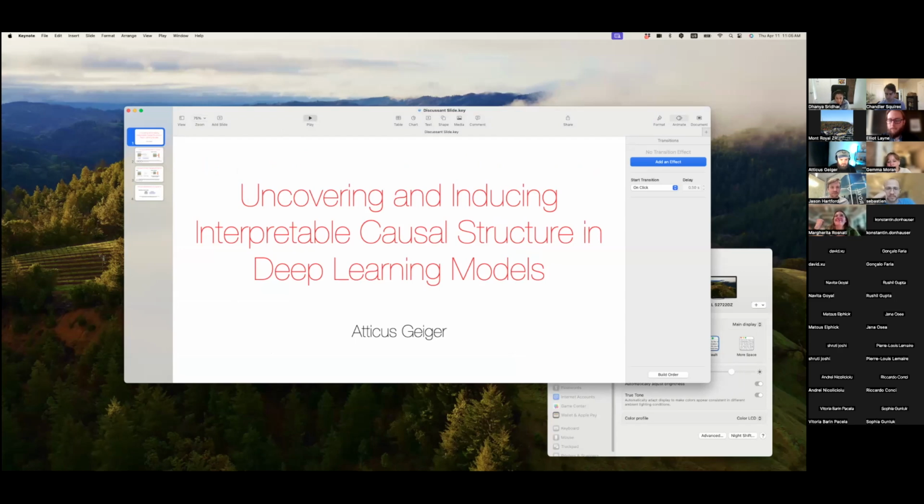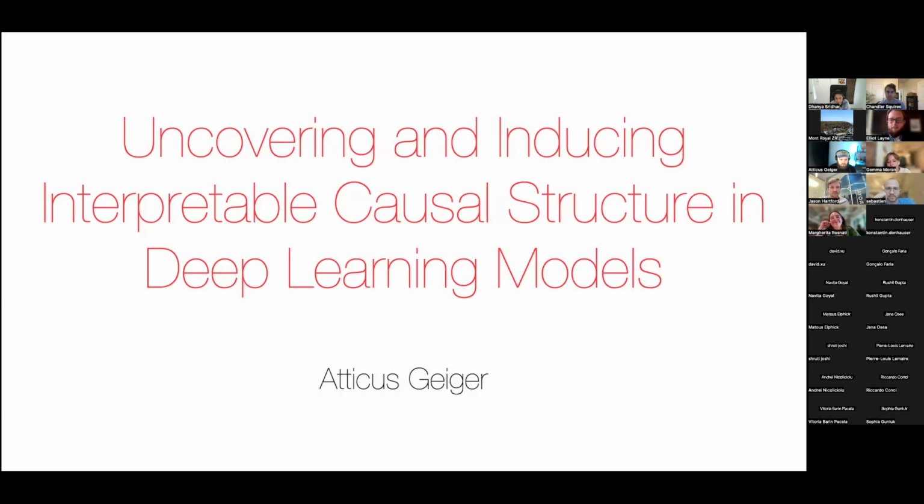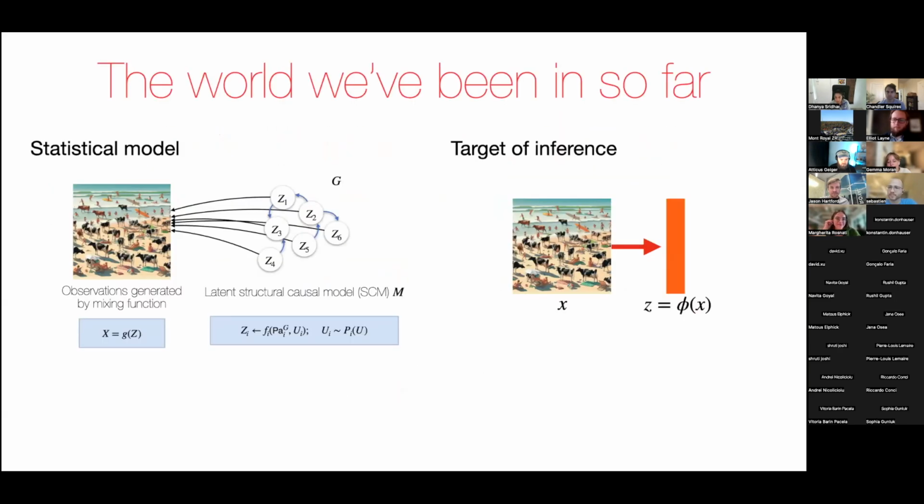So what is this, and how does this relate to the world we've been in so far? Except for the most recent line of talks that we had, we've pretty much been in this world where the statistical model is that there's some underlying SCM M over some latent variables or high-level abstract concepts.